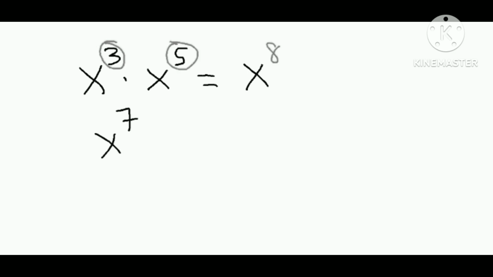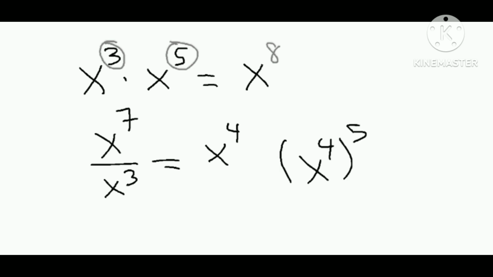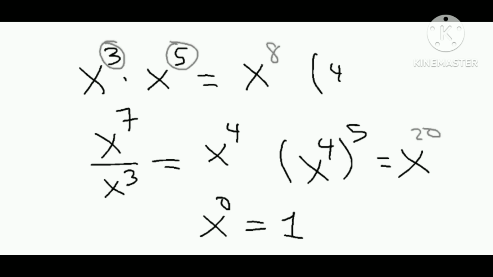When you divide, you need to subtract. So 7 minus 3 is 4, this is x to the 4. And when you raise one exponent to another exponent, you need to multiply. 4 times 5 is 20. And anything raised to the 0 power is always equal to 1. So if you have 4xy squared, all raised to the 0 power, this entire expression is equal to 1.